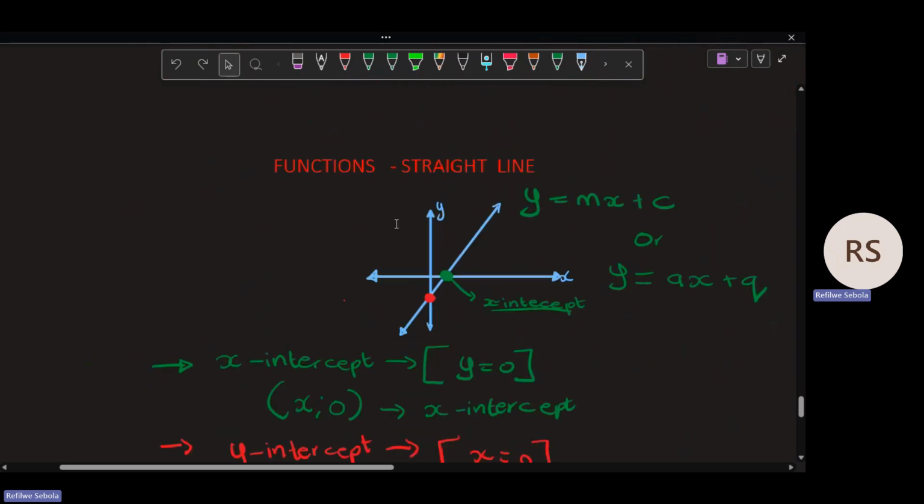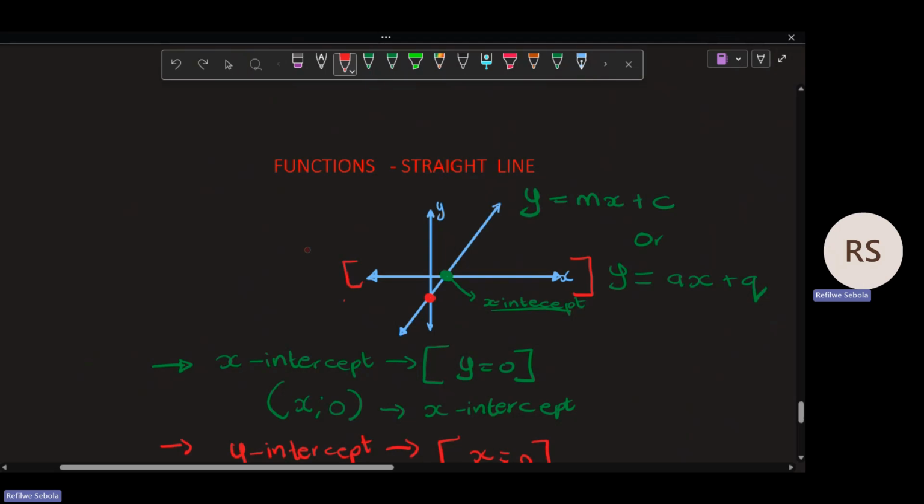So we are analyzing our domain. Let us focus more on this horizontal axis, which is the x-axis. Domain has to do with the x-axis.